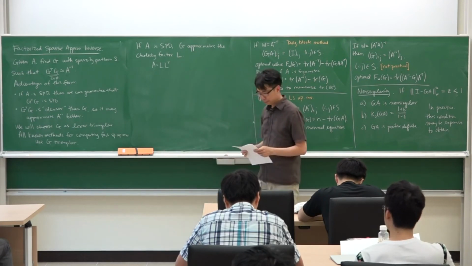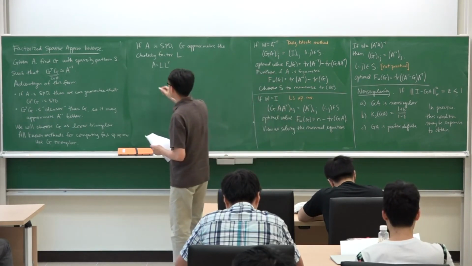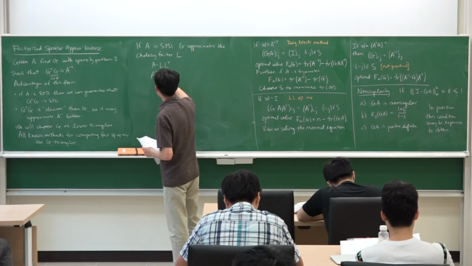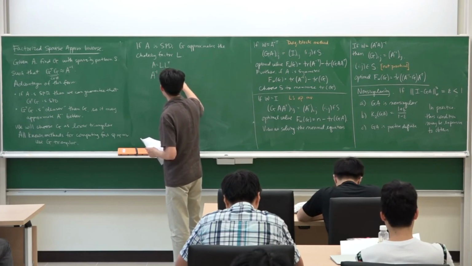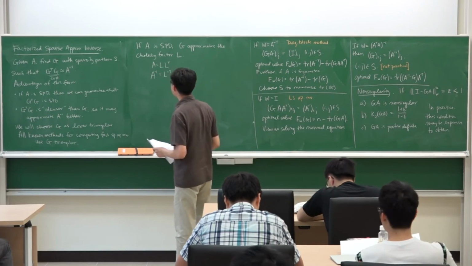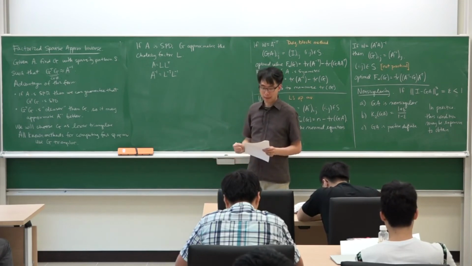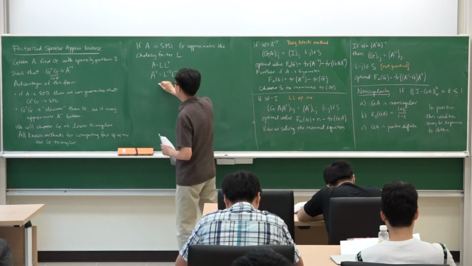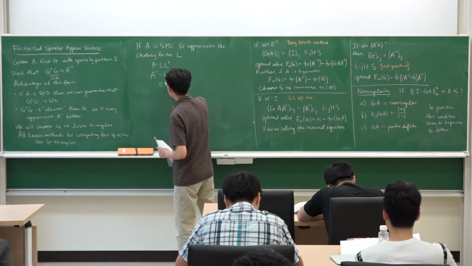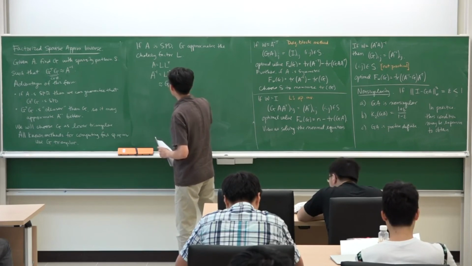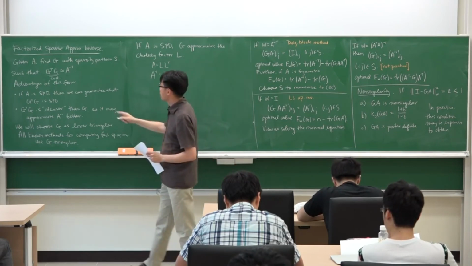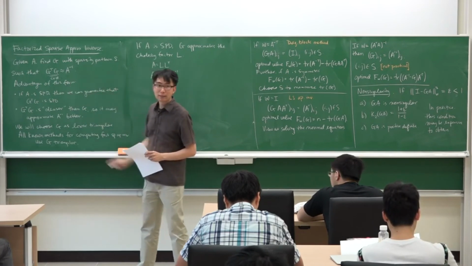That's the Cholesky factorization. If we take the inverses on both sides, A inverse equals L inverse transpose L inverse, and that's approximately equal to G transpose G, which is what we're seeking.